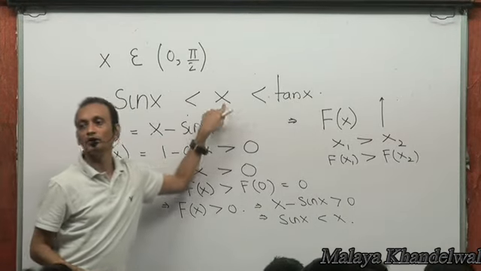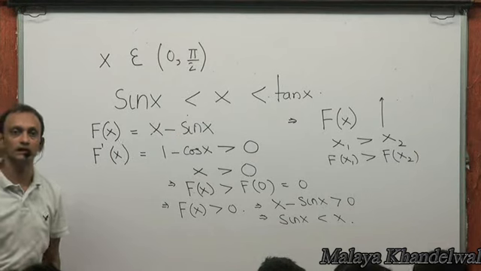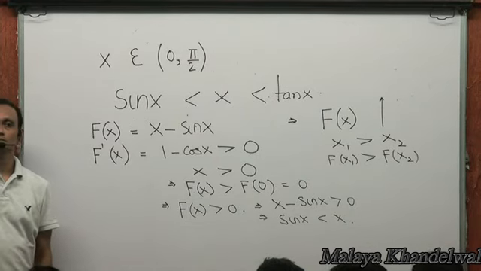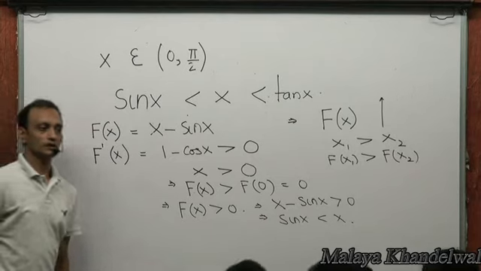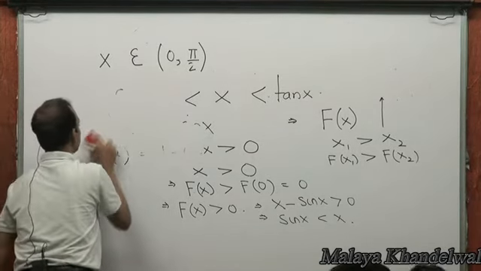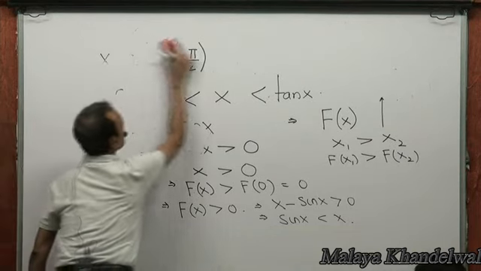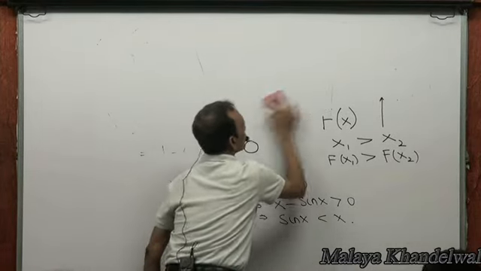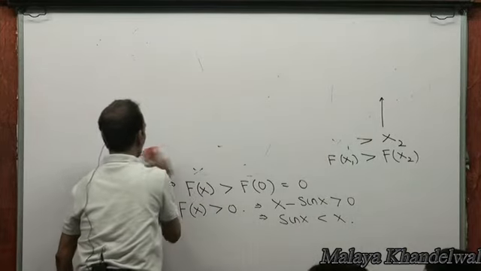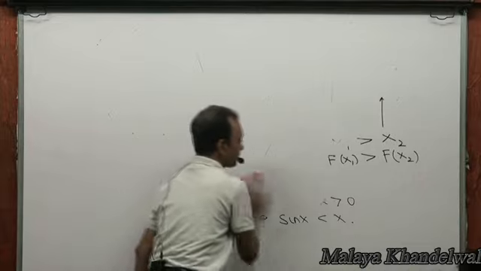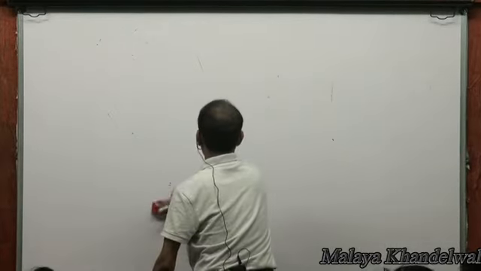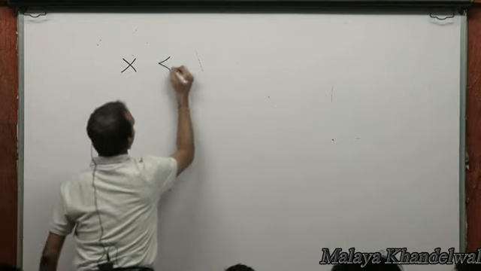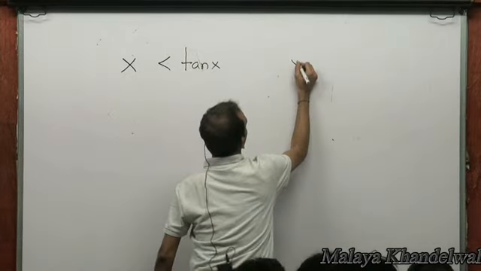Let me look at the next part of the inequality, x less than tan x, for x belonging to 0 to pi by 2.